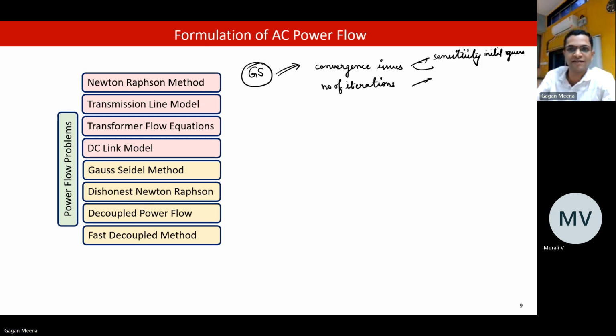But one equation can be formulated in different ways. Gauss Seidel formulation can be written for the same equation in different ways, but those different ways may not always converge. The way we use for writing the power flow equation converges, but the problem is the number of iterations. Gauss Seidel takes a lot of iterations.